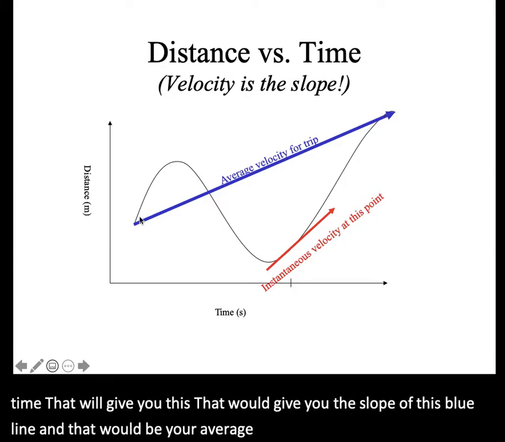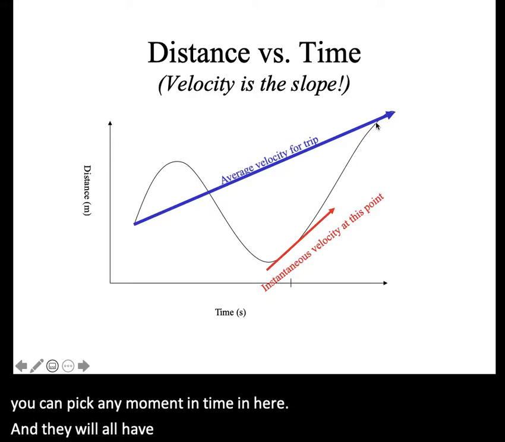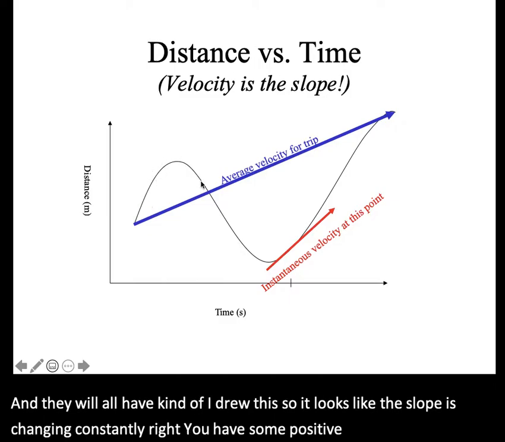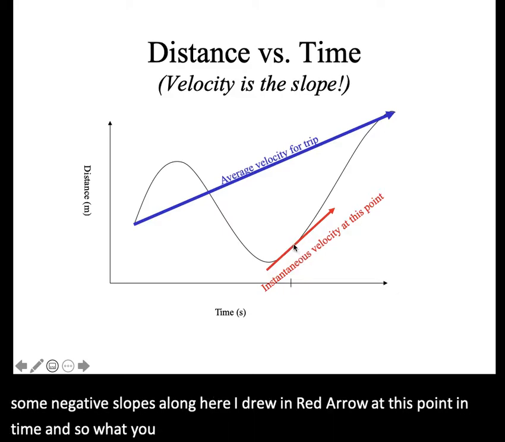On the other hand, you can pick any moment in time in here. I drew this so it looks like the slope is changing constantly, right? You'd have some positive slopes here. You'd have some negative slopes along here. I drew a red arrow at this point in time. And so what you do, if you don't have straight lines, is you kind of freehand an arrow that is tangent to the curve at that point, right?